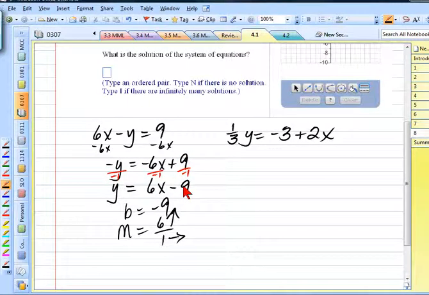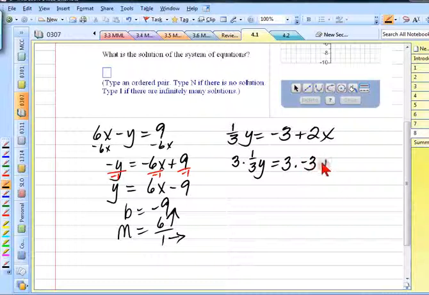On the second equation, oh my goodness, I don't want a 1/3 in there. What can I do to get rid of the fraction? Multiply by the least common denominator, which is 3. So I'm going to multiply 3 times 1/3 y equals 3 times -3 plus 3 times 2x.